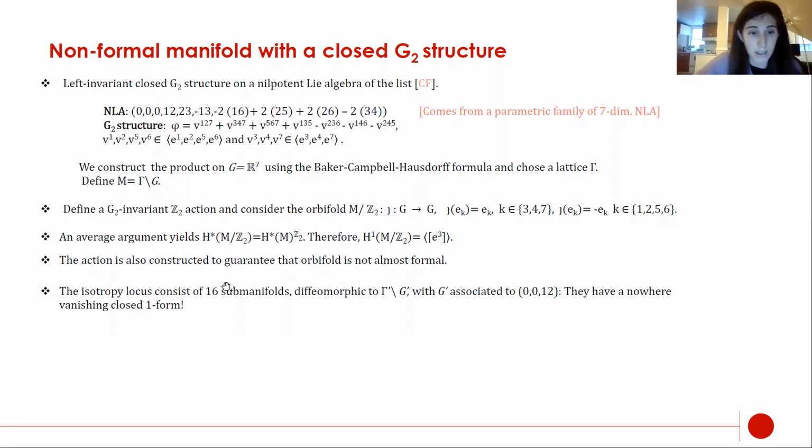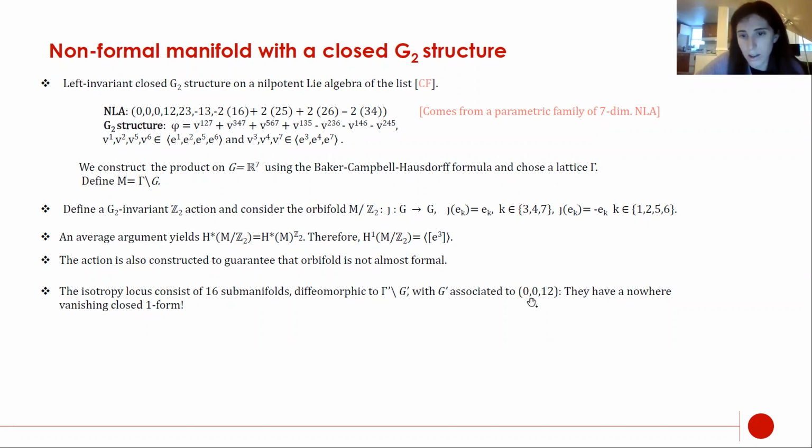In this case, in order to apply Theorem 1a, one has to check that the isotropy, the fixed locus of the involution, has a non-vanishing closed one-form. But doing a computation, one sees that the isotropy locus consists of 16 submanifolds, and they are diffeomorphic to a Heisenberg manifold whose Lie algebra is 0, 0, 1, 2.